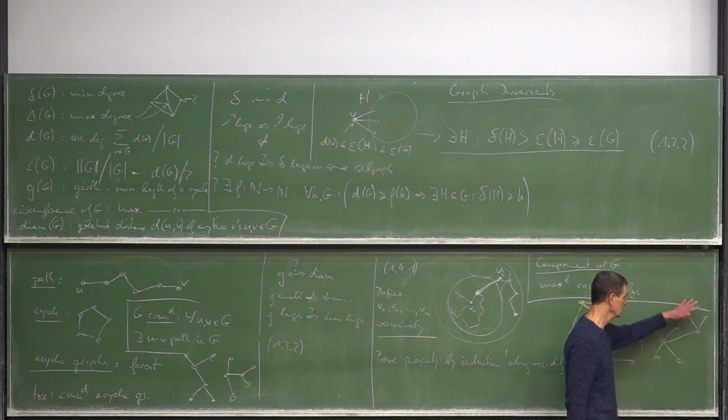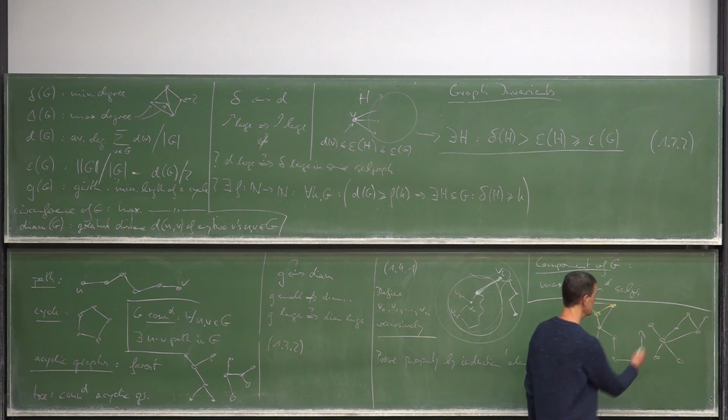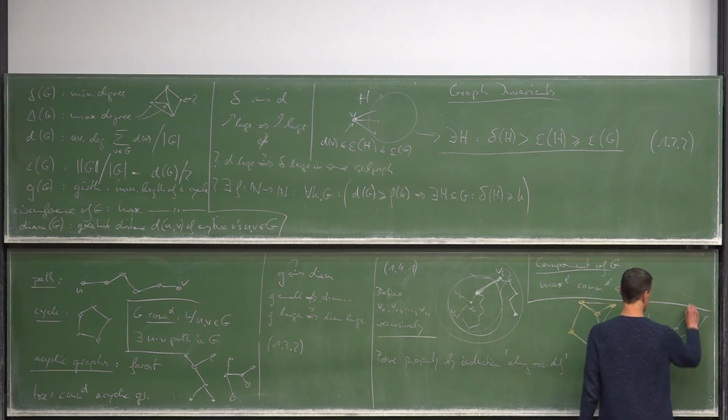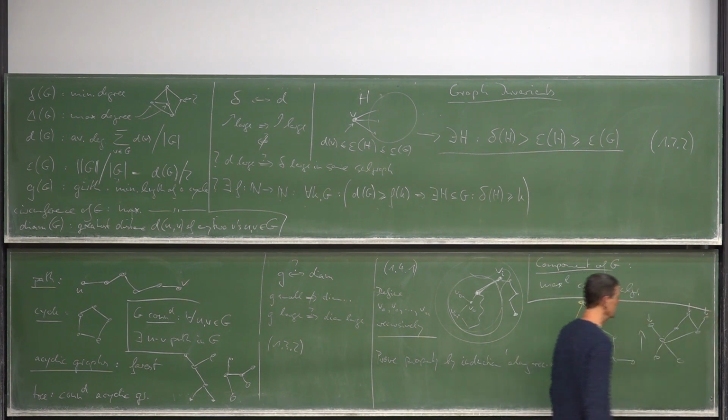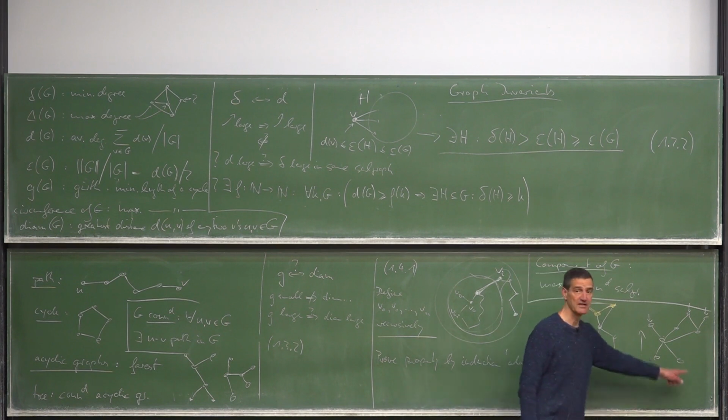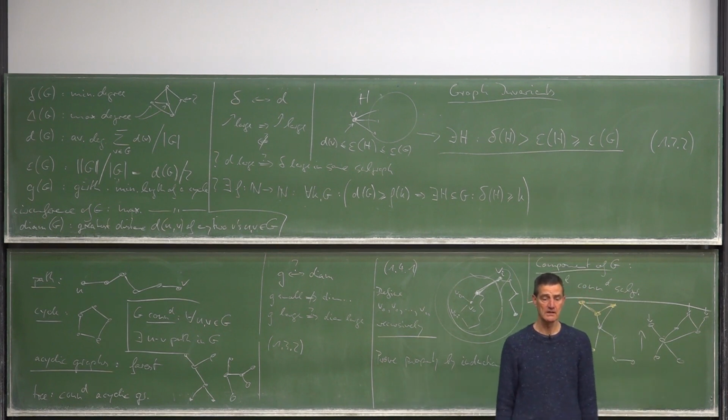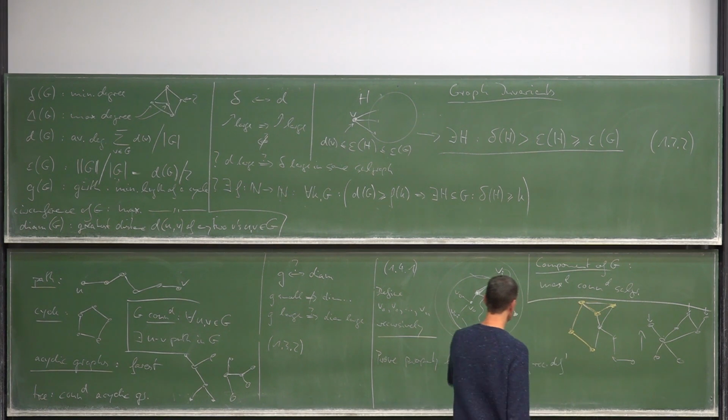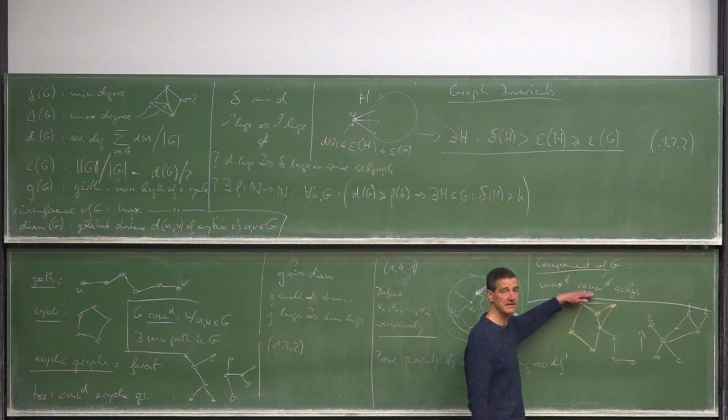Okay, so that's the explanation of this diagram. And this has 1, 2, 3 maximal elements. And it has 2 minimal elements. Okay, so a component is any subgraph that is connected and is maximal in the partially ordered set of all connected subgraphs.